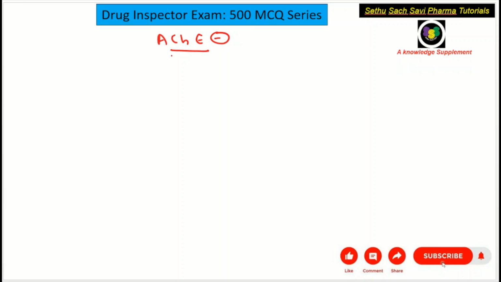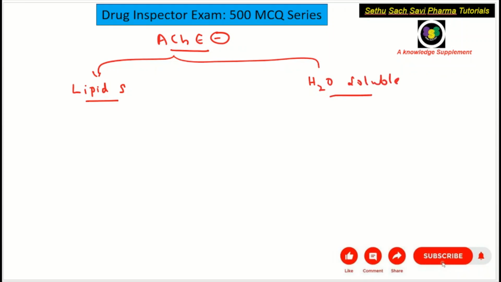They can be divided into two categories based on their solubility. One is lipid soluble. The second one is water soluble. Now which examples come under lipid soluble indirectly acting drugs? The main example is physostigmine.